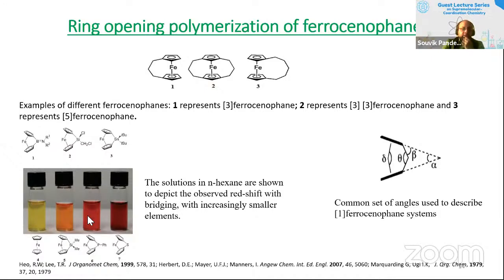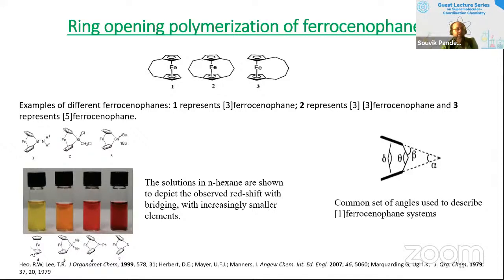And you can see in these papers that ferrocene, when kept at the same concentration, is almost yellow. And here, with the silicon ferrocenophane, it is a little bit orange, more red. So the red shift is there.